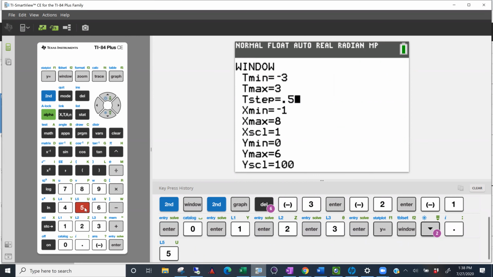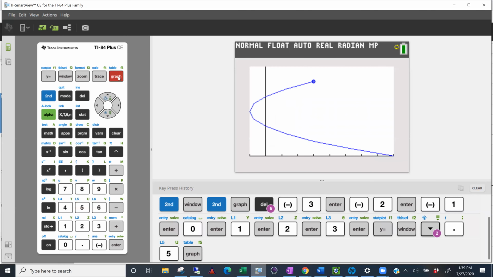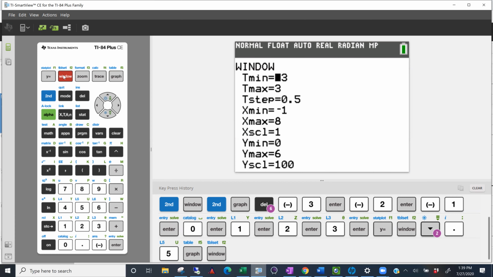Now, what that's going to mean is it's going to be graphing a lot less points because it's going to start out at t equals -3, plot a point for x and y, and put it on the graph. And let's just skip all the way to t equals 0.5 and then do that again. So instead of a nice smooth graph, you see a little bit of kind of this hexagon shape. In fact, let me make this even bigger to try and accentuate that.